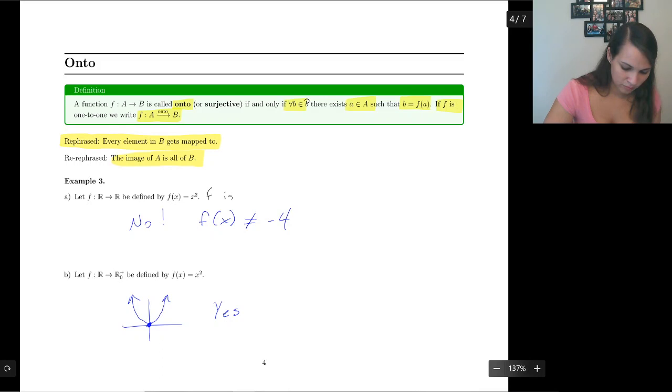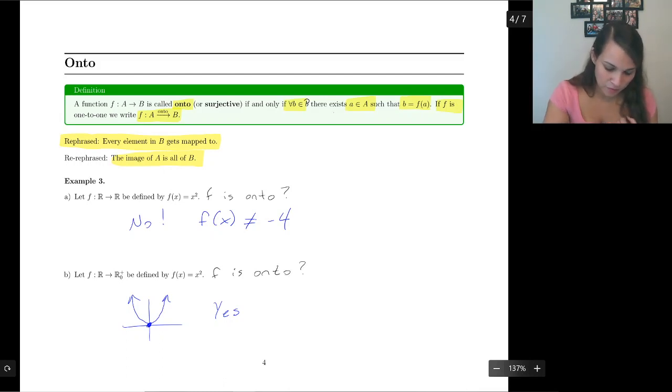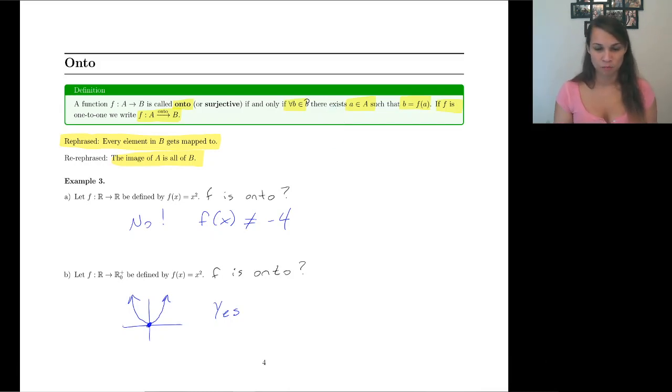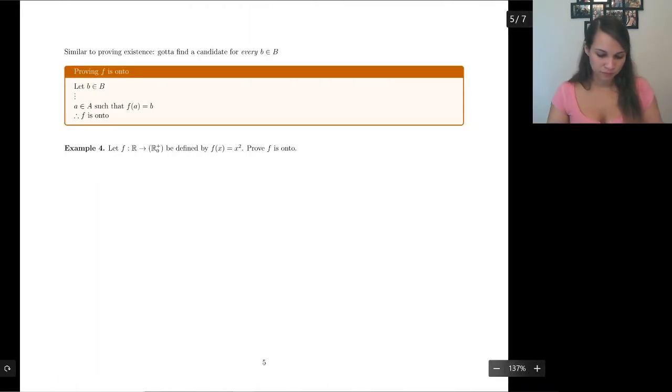But how do we formally prove that? This is the same thing as existence because right here, there exists an A. We have to go find a candidate that's going to work for each B, where B is some arbitrary number. So how do we do this?